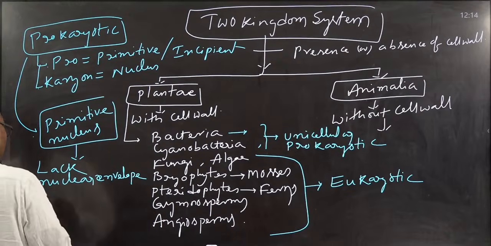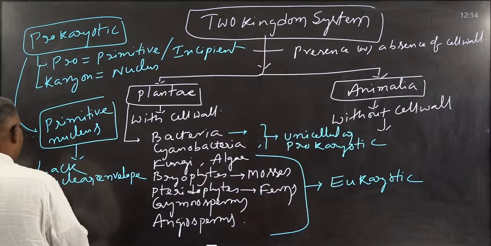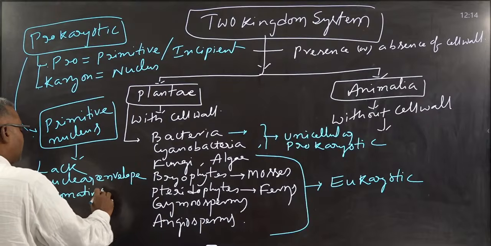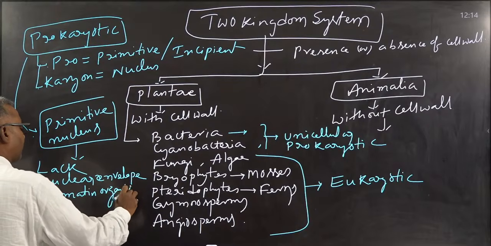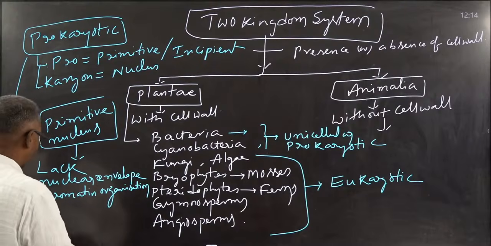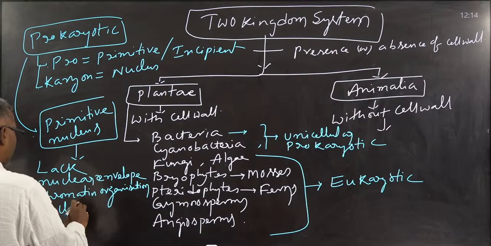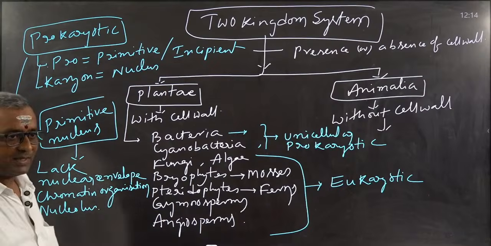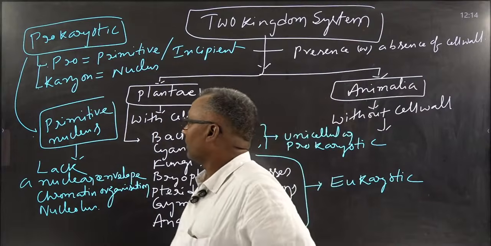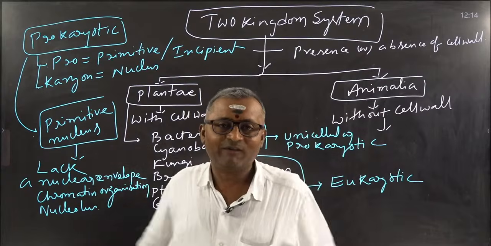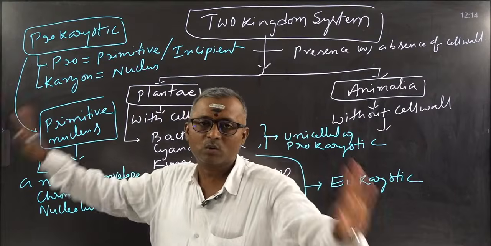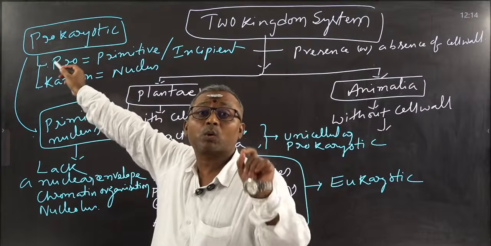They also lack chromatin organization. They also lack nucleolus. So simply to say, they don't have a definite nucleus. Their nucleus is very simple or primitive without nuclear membrane. That's why they are called prokaryotic.